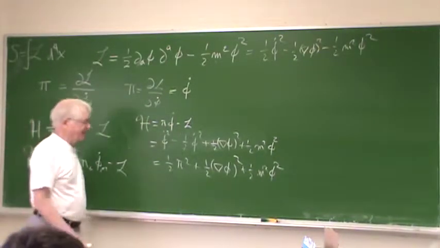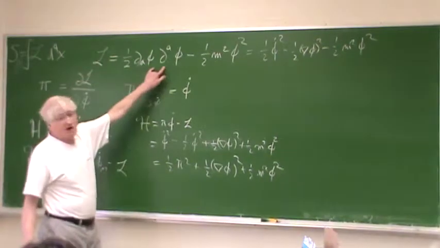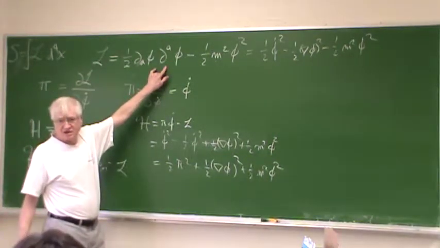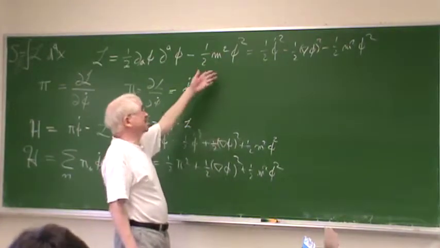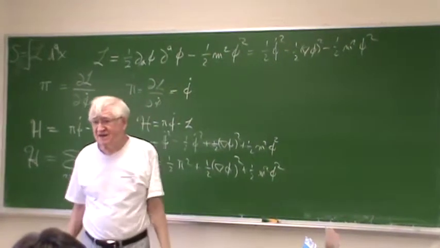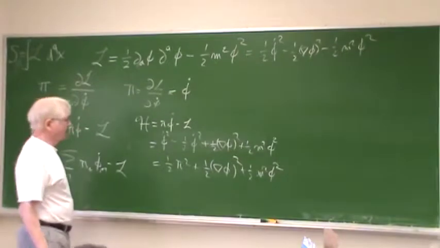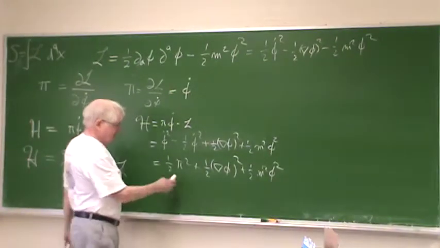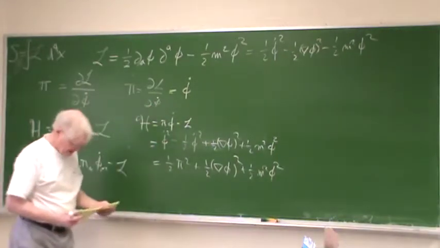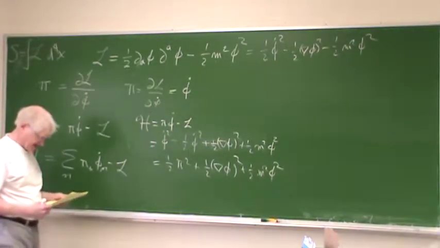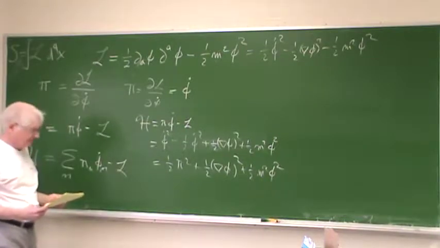So you can think of this part as the kinetic part, and this part as the potential. Or in this case, if you want, you can consider the whole thing as kinetic. Or you can consider the pi squared as kinetic and all of this as the potential. It's to some extent a matter of taste. Okay.